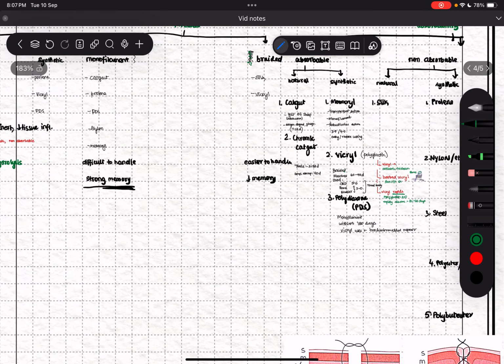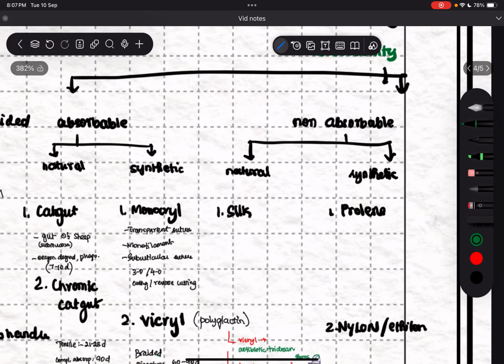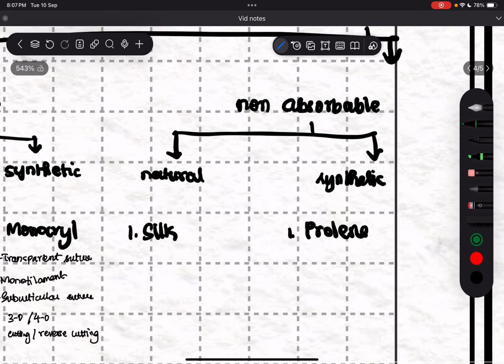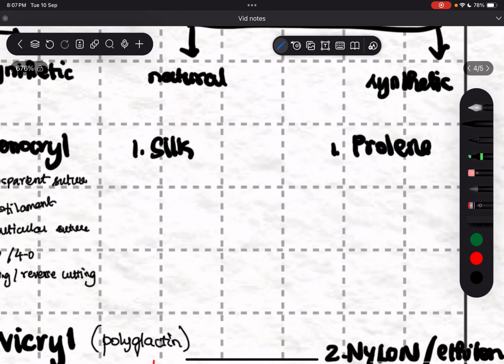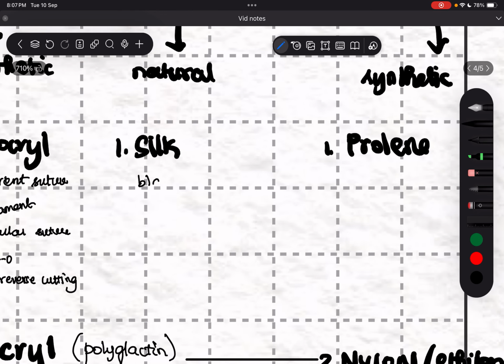After looking at the types of vicryl and polydioxanone, we get into non-absorbable sutures. Non-absorbable sutures include silk. Silk is black and it is braided, as we know, from the silkworm.